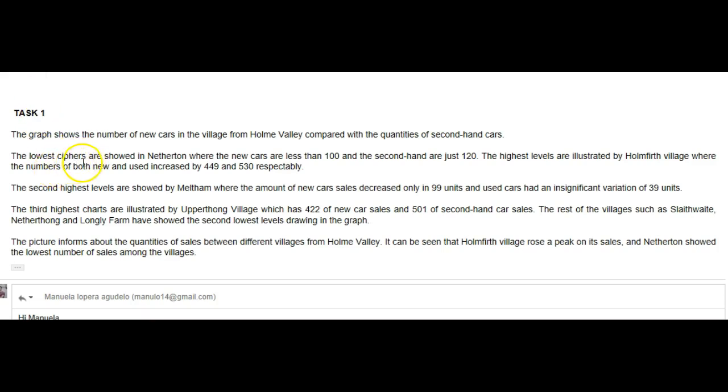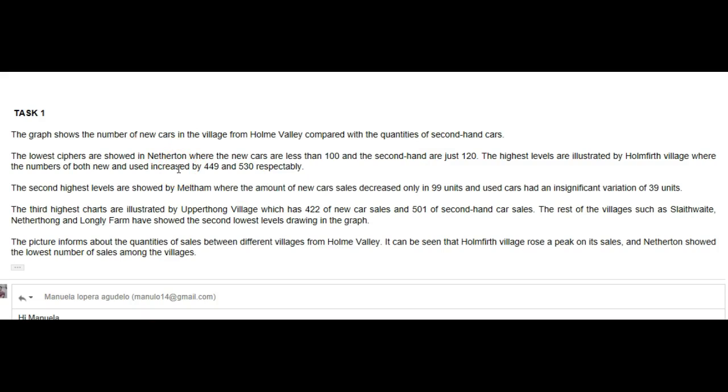I'm not really clear. "The highest levels are illustrated by Holmfirth Village, where the numbers of both new and used increased by 449 and 530 respectively." Okay, so first of all, this should be respectively. But secondly, we really shouldn't be talking about increases here because nothing is increasing.